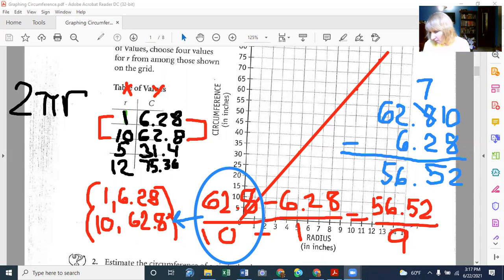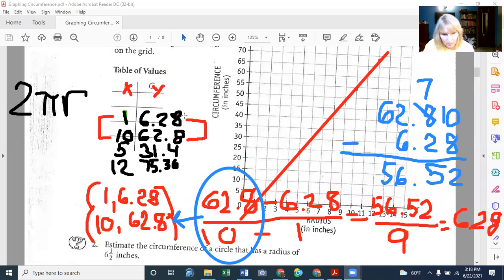I'm just going to use my calculator here. So 56.52 divided by 9, 6.28 is what I get. So that means the slope of this line is about 6.28. That's the steepness of this red line we drew on the graph.